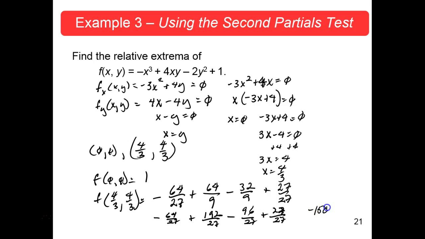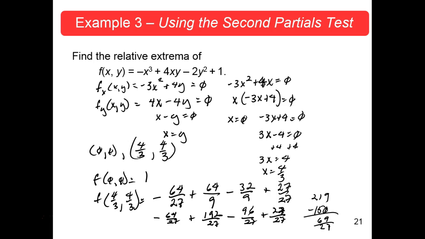Negative 150, and you have a plus 219. That would give you 69 27ths. 69 27ths is greater than 1.